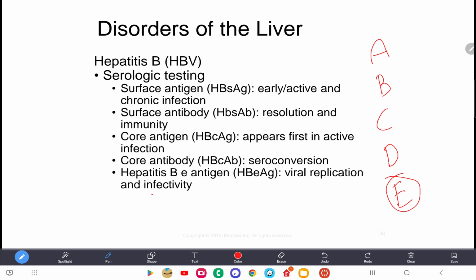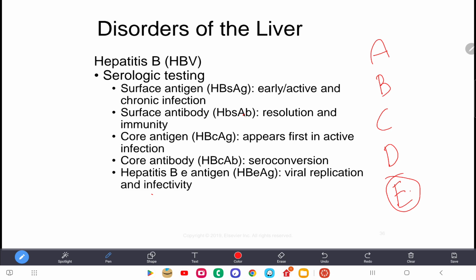Okay, so now how do you get hepatitis? A and E are fecal-oral transmission. Okay, then B, you see, by the needles, okay, C by sex, okay, and then you have the serology right here, okay. So you see HBs antigen. This is the antigen and this is the antibody, okay. You have the antigen in early activation and chronic infection.